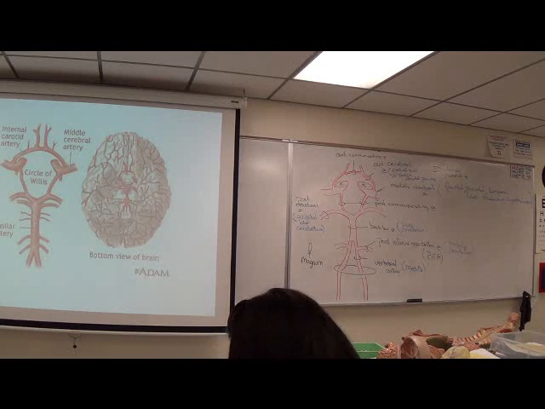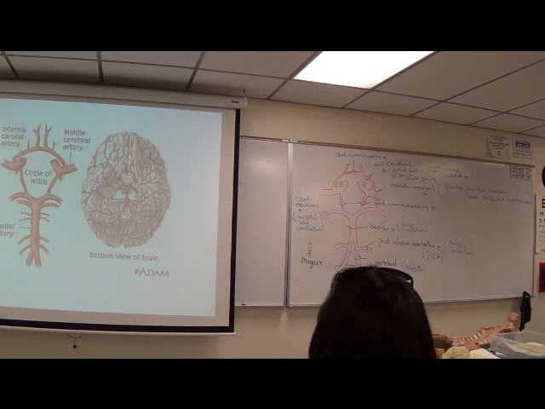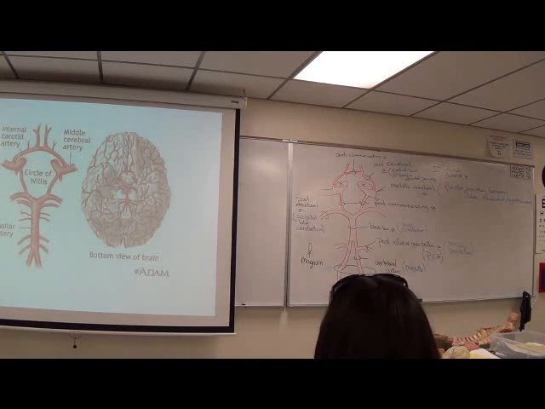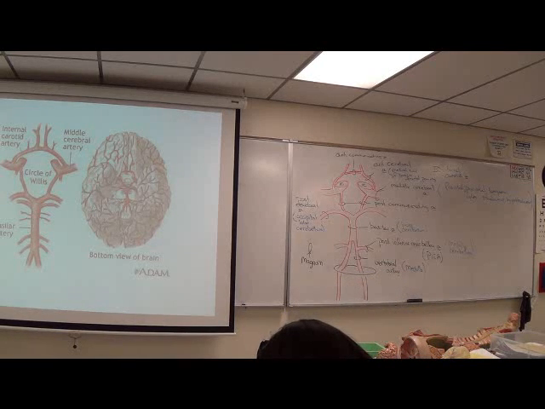Now we will do this again in Bio 431, and you already have it down. So two major blood vessels supplying, pairs of blood vessels supplying the brain, the vertebral arteries, but more importantly the internal carotid.